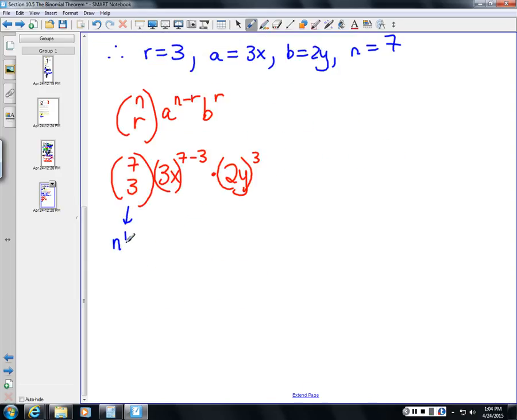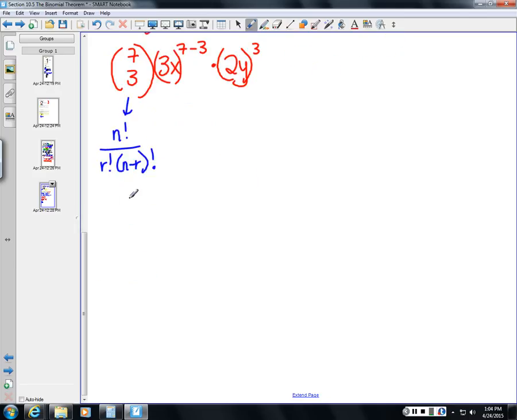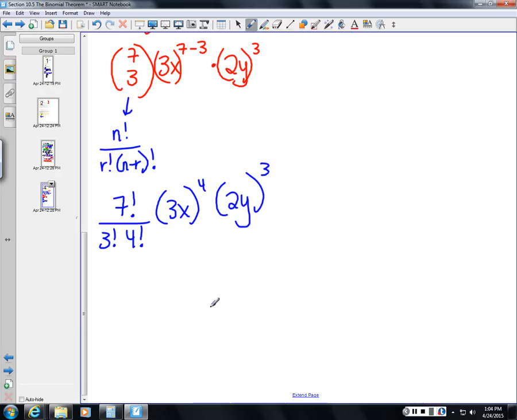Again, remember that's n factorial over r factorial times n minus r factorial. So of course that's going to give me 7 factorial over 3 factorial times 4 factorial, times 3x to the 4th power times 2y to the 3rd power. 7 factorial is going to be 7 times 6 times 5 times 4 factorial, and that's going to be 3 times 2 times 1 times 4 factorial.